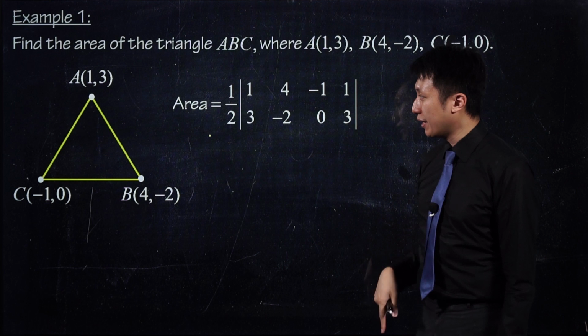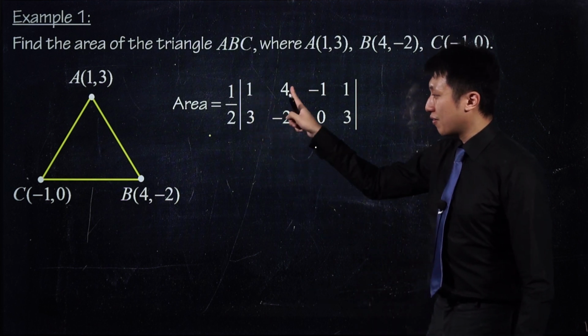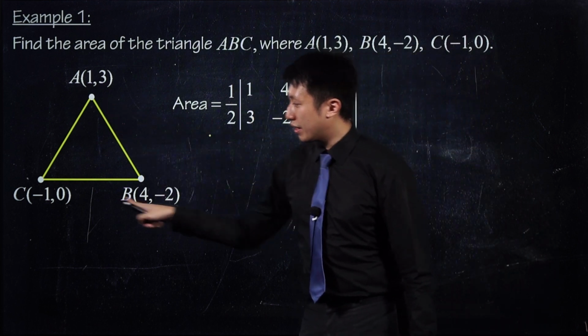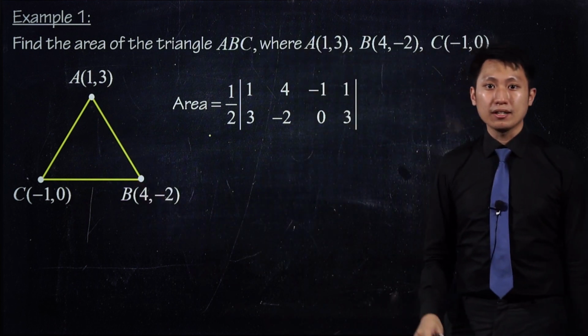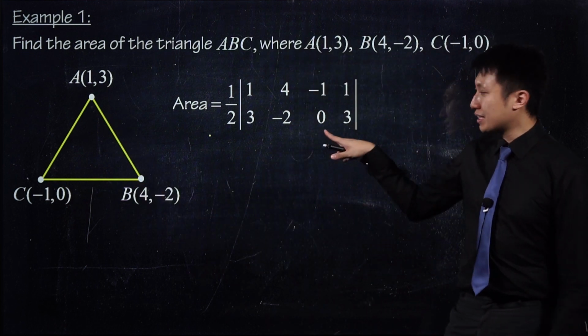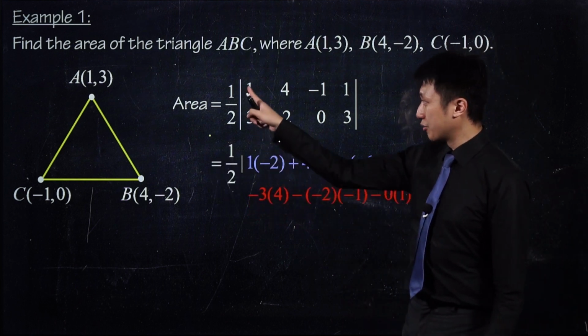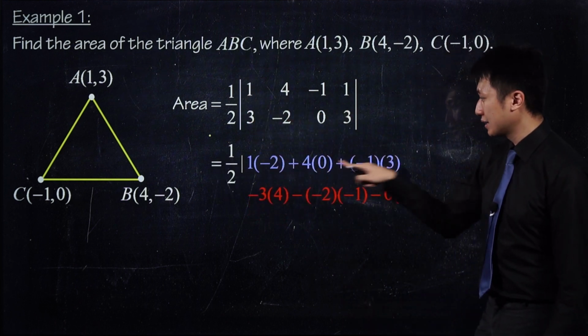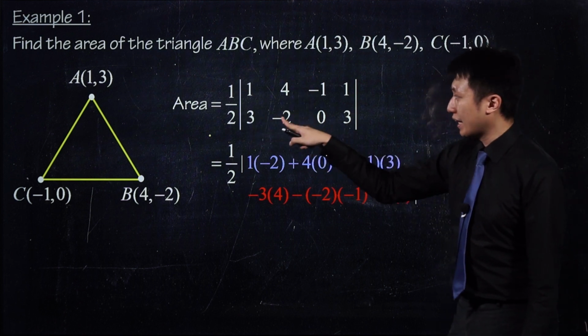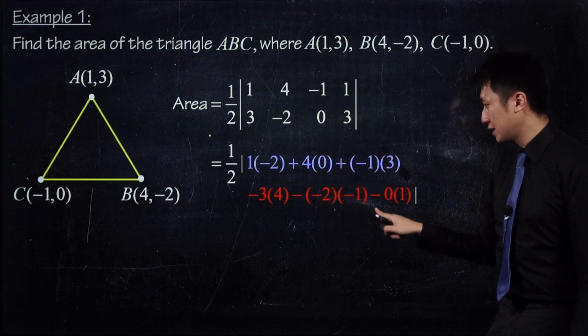So what do I do here? Half, 1, 3, 4, negative 2. I go this one, and this one. So it's a clockwise direction. So inside you should expect a negative number. Let's say I do this, I get this, and I do this, negative, I get this.